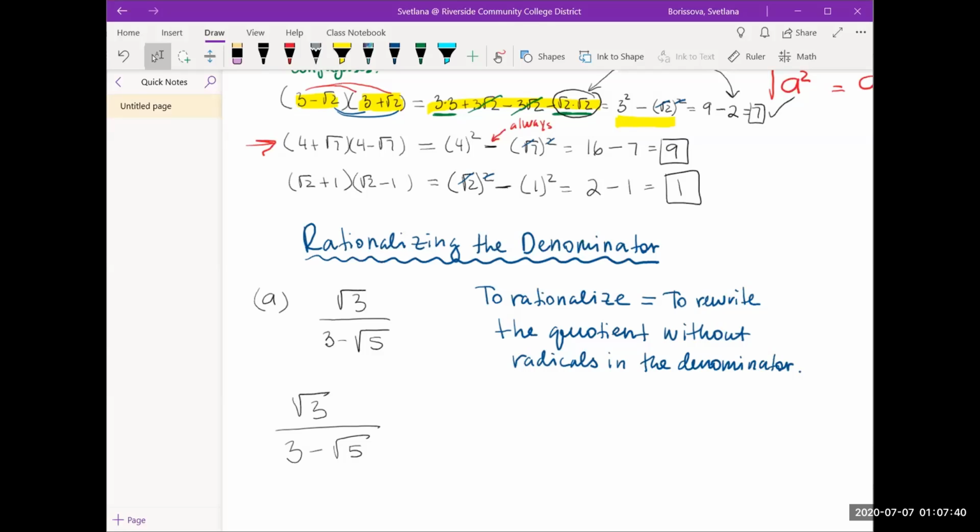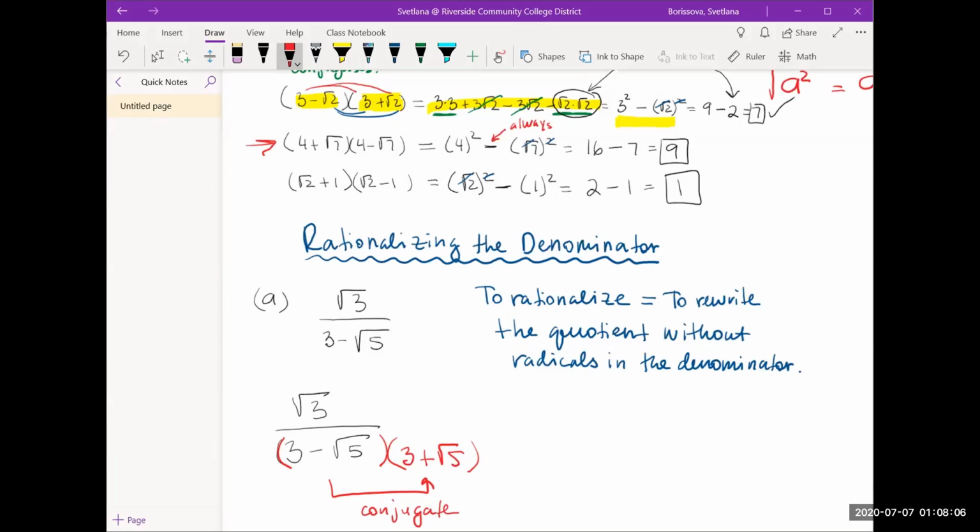So if I take my denominator, 3 minus square root of 5, and multiply it by its conjugate, radicals will disappear, and that's what we want when we say rationalize the denominator. The conjugate will be 3 plus square root of 5. That's going to be the idea.